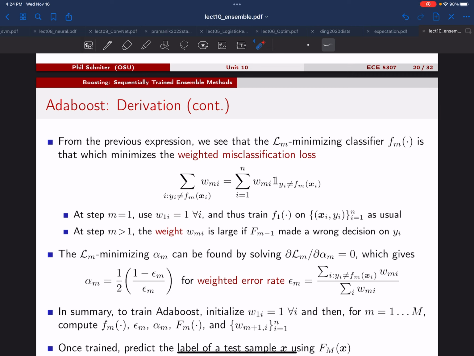Okay, so basically this shows how we design our classifier. At step m, we initialize all the weights to be equal to 1, and then we just train f to minimize our misclassification loss, which is a pretty standard thing you can do. It's easy to do this with a tree. That's the first step. At later steps, we will be able to compute these weights, and we'll see that the weights are large if our previous boosted classifier made a wrong decision.